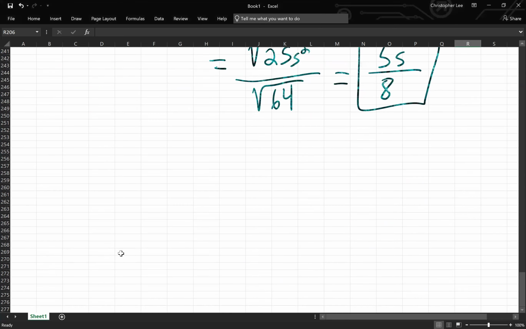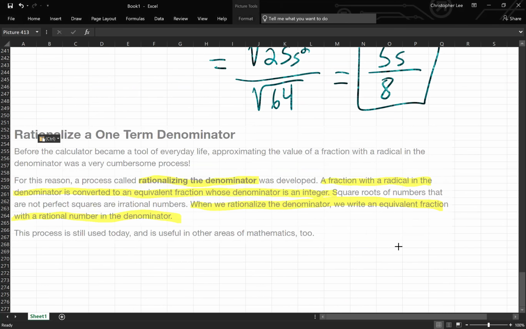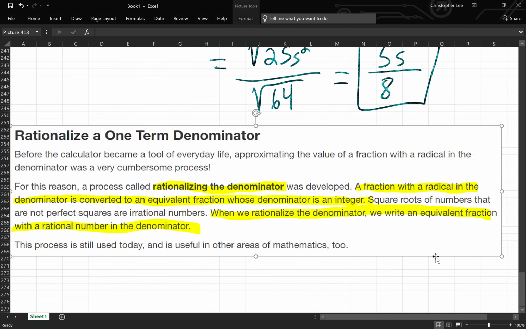So the next thing that I want to get into, we're going to talk about rationalizing a one-term denominator. So before the calculator became a tool of everyday life, approximating the value of a fraction with the radical in the denominator was a very cumbersome process, right? For this reason, a process called rationalizing the denominator was developed.